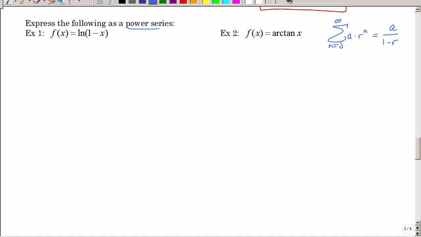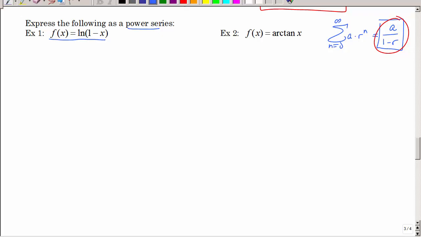So in the previous video, we made our functions become in that format, a over 1 minus r, and then we wrote it as a power series. Well, looking at this function, it doesn't look anything like that. So what can we do?